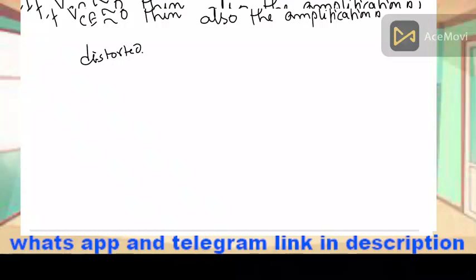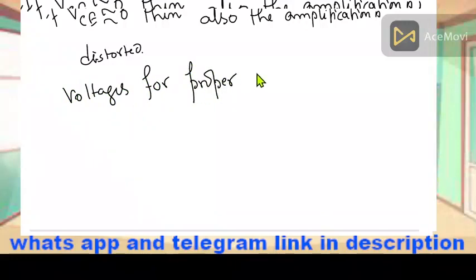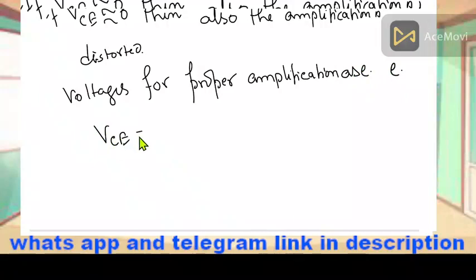Now, when you are using a transistor for your experiment, the voltmeter readings that you should get for proper amplification, although the ratios can vary depending on the instrument and the experimental condition, are as follows. What are the important relations? First, your collector emitter voltage should be approximately equal to half of the collector biasing voltage.